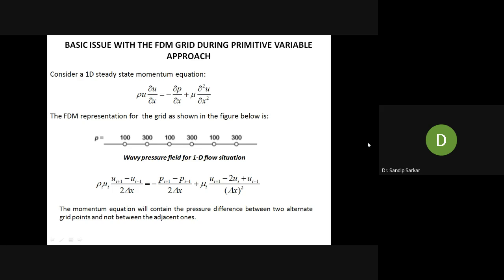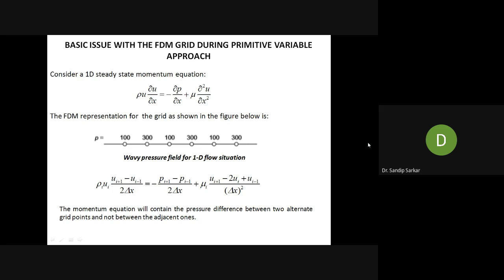If you discretize these equations using the finite difference method, you will face lots of difficulties. In some cases, if you have certain classes of pressure or velocity distribution in the flow domain, you may get a wrong solution. That is the primary problem of the primitive variable approach.